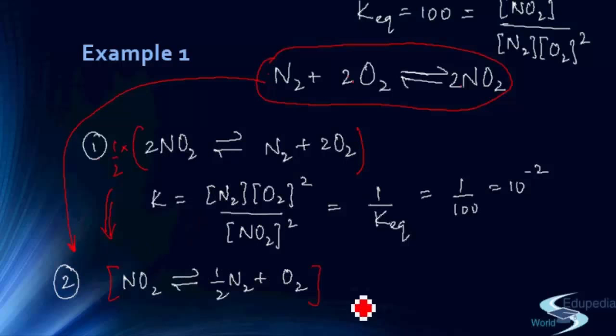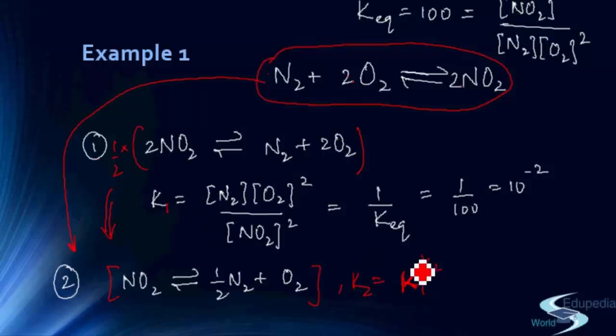Let's call this K1 and let's call this K2. Then I'm simply writing K2 as K1 raised to the power 1 by 2. If you remember, whenever we multiply the chemical reaction by a factor n, the equilibrium constant is simply raised to that factor n.